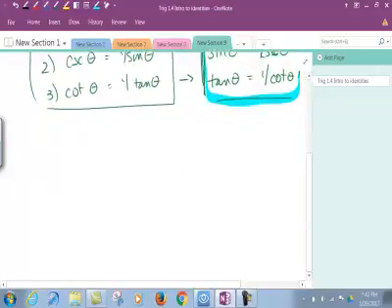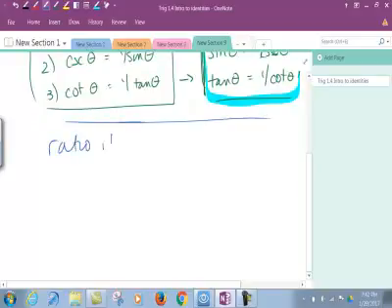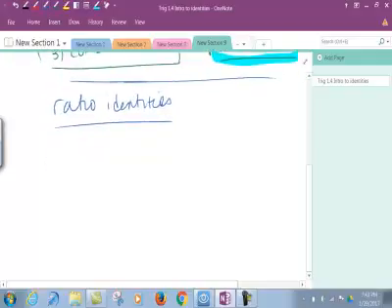The next 2 are called the ratio identities. I'm going to go ahead and develop them, and then you'll just have to memorize them. So here's what we know. The sine of theta is y over r, and the cosine of theta is x over r.